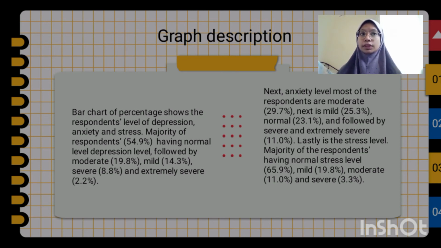Most respondents are moderate at 29.7%. Next is mild 25.3%, normal 23.1%, followed by severe and extremely severe at 11%. Lastly is the stress level. Majority of the respondents have a normal stress level, which is 65.9%, mild 19.8%, moderate 11%, and severe 3.3%.